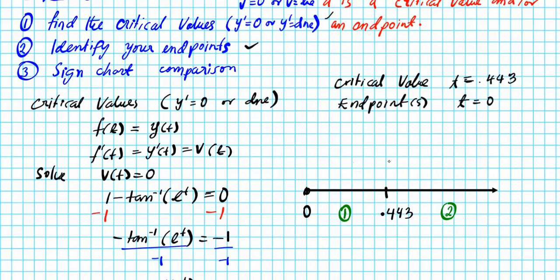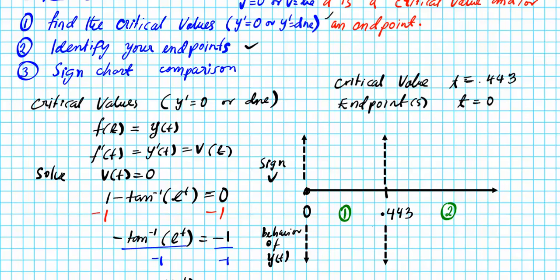Well, we're going to use the sign of v to tell us the behavior of v prime. Okay, so that's what you want to keep in mind. Use sign of v to tell us the behavior of v prime. So let's put the sign of v on top, and then we'll use that to determine the behavior of y of t.